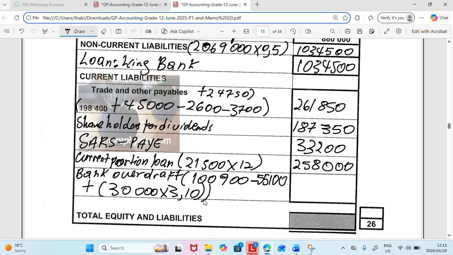Then you're going to get an amount of 138,800. Okay, so as you can see, guys, we are not calculating total equity and liabilities. It means now we are done with our example.